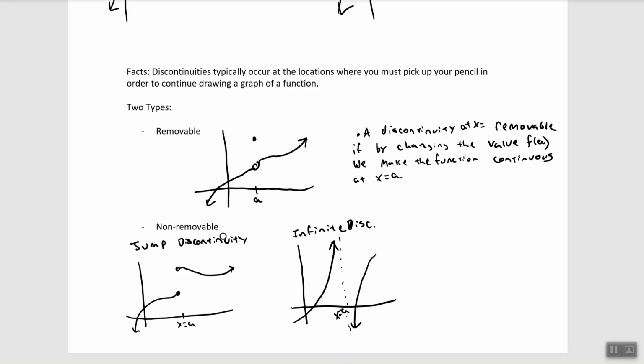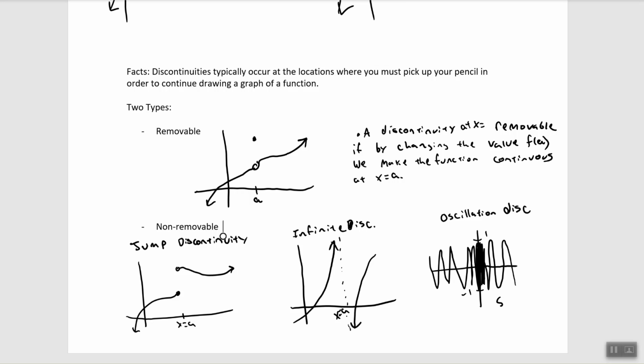And then the last type, which you won't see quite as much, is due to oscillation. These are functions that look like they're approaching two values at once. A common one that people will see is something that bounces between negative 1 and 1, and it gets really tight in how much it's bouncing as you get towards the y-axis.